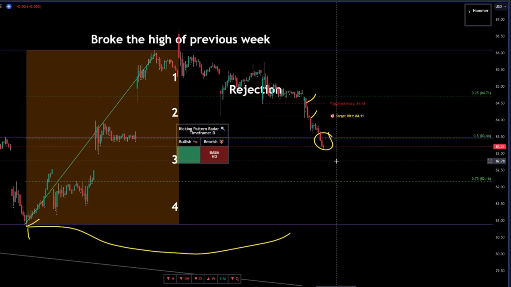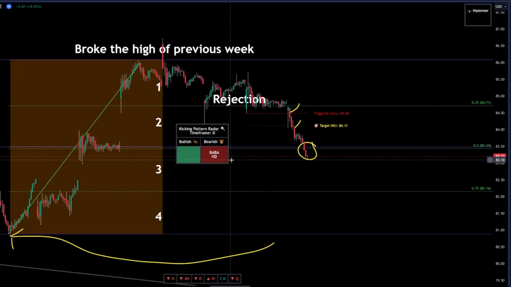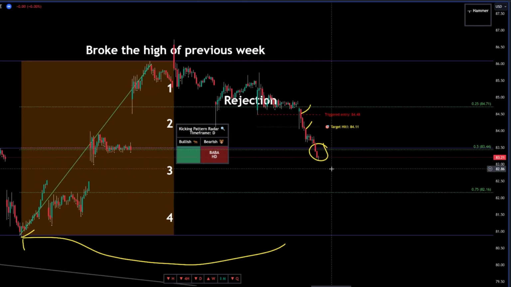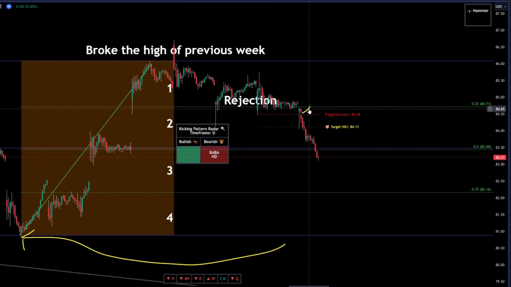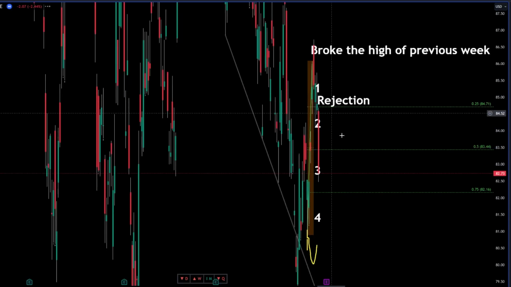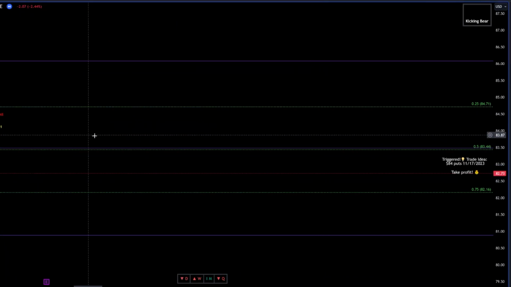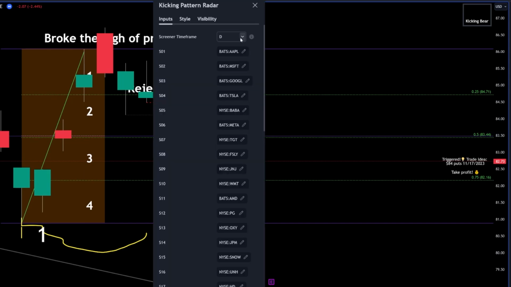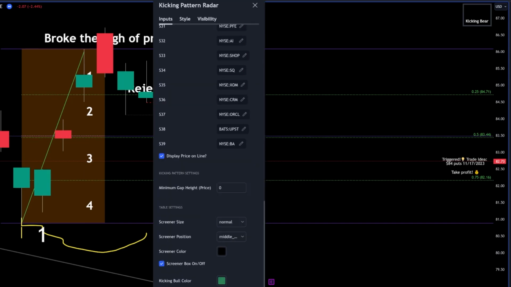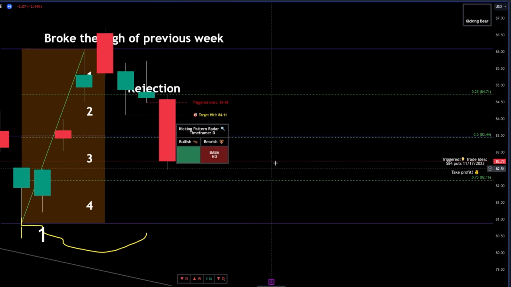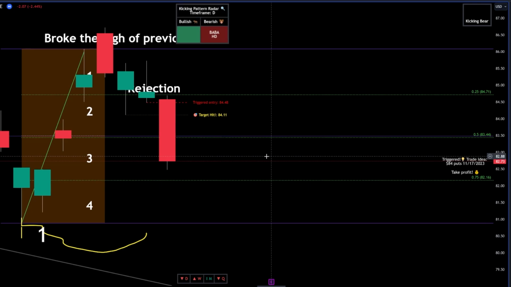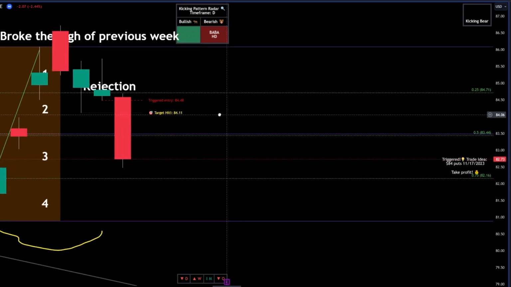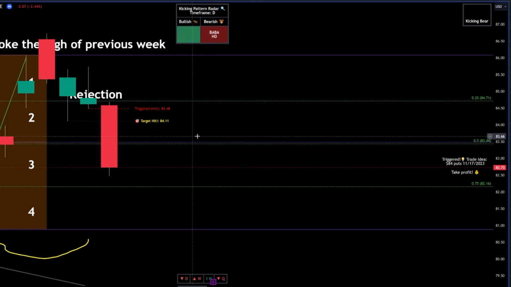So when you have a kicking pattern on the day that we saw, like we did here on BABA, and you combine that with the possibility of an outside week, what we call that is a kicking pattern outside week, or a KPOW. So write that down right now if you're taking notes. We call this a KPOW.